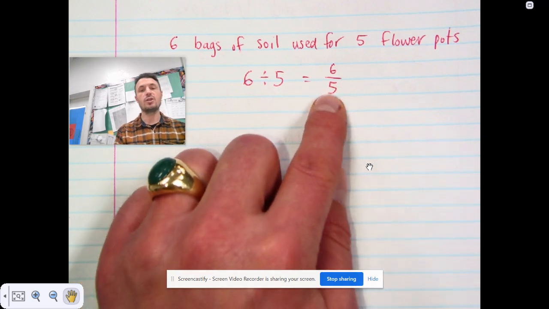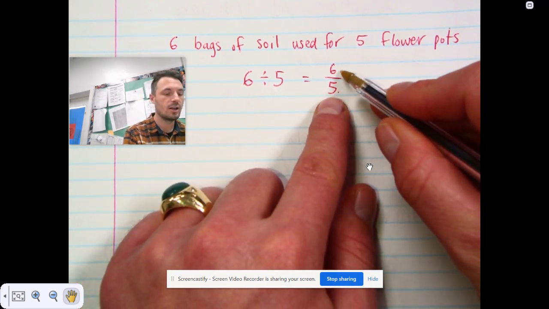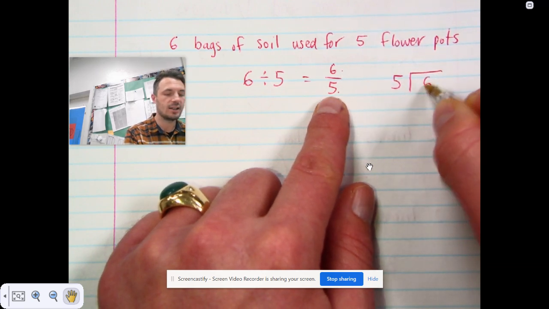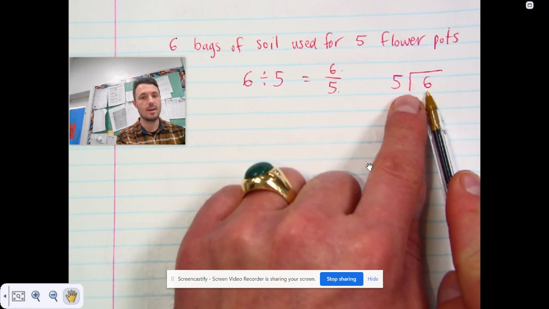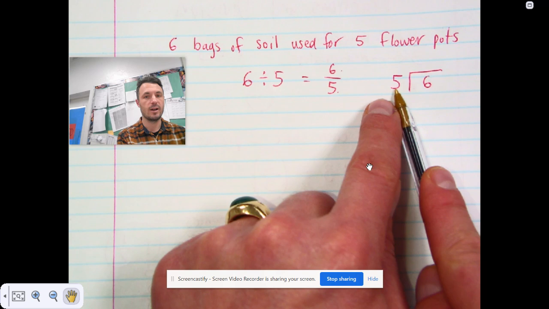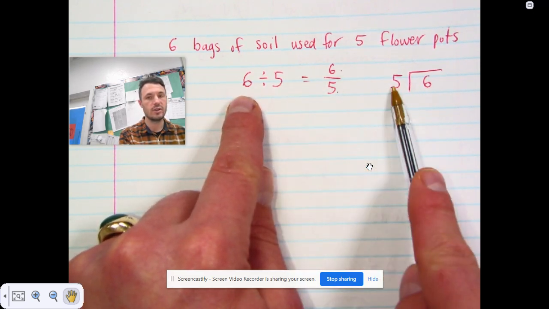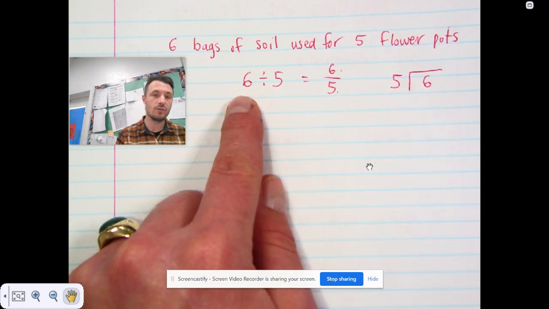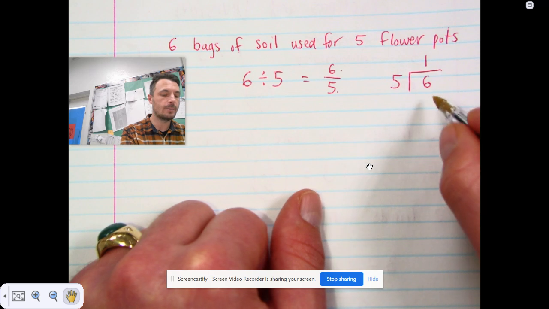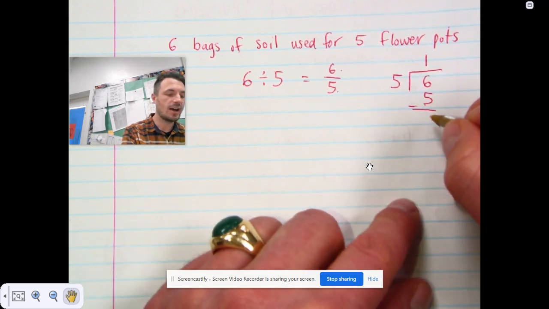And the way we change an improper fraction to a mixed number is by dividing the denominator into the numerator. So we divide 5 into 6. And notice again, this is the same thing we have written here. 6 divided by 5. Because the dividend goes in the house, the divisor goes outside of the house. 5 can fit into 6 one time. 1 times 5 is 5. 6 minus 5 is 1.